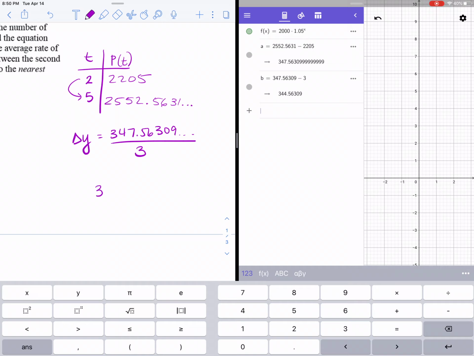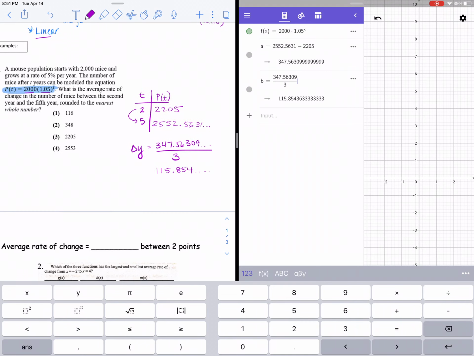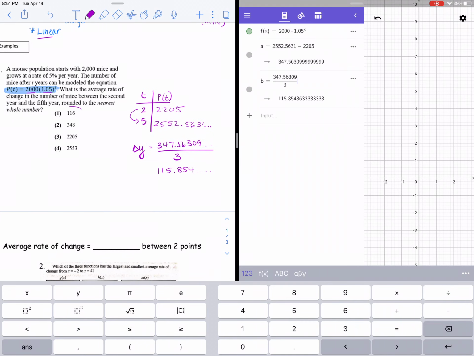I didn't want to subtract. I wanted to divide. There we go. That makes a little more sense. 115.854, and it wanted the nearest whole number, so it'll be 116.